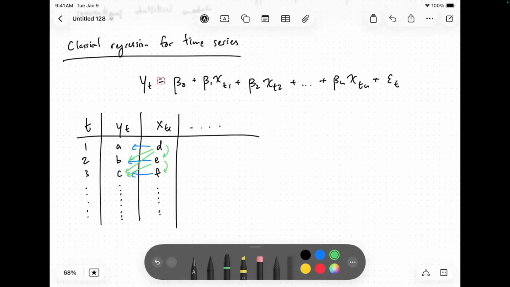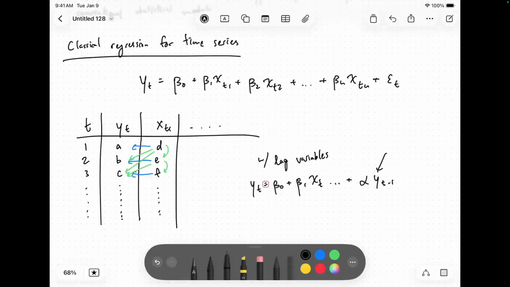And so our sort of traditional regression, you might want to think about doing something with lag variables to represent these kind of relationships. So maybe beta 1 xt1 plus, let's say, something like yt minus 1.